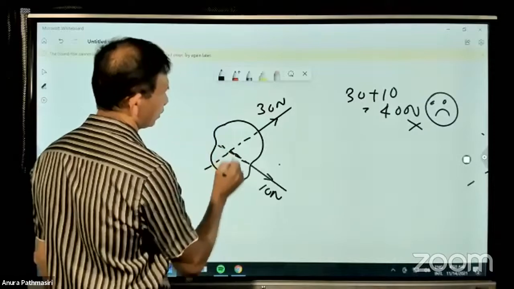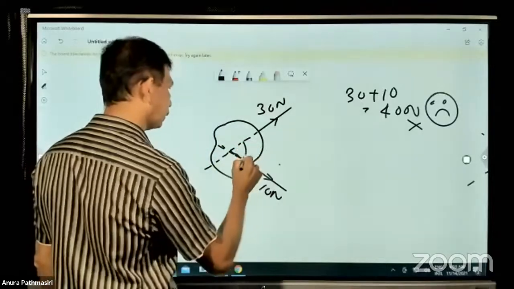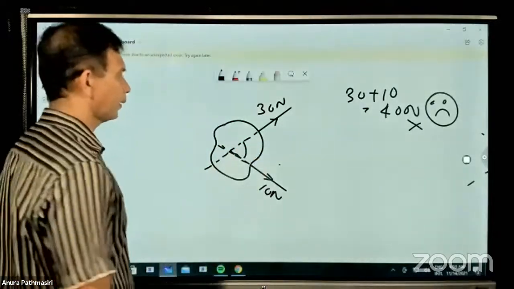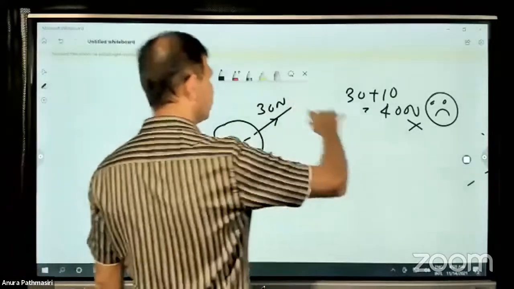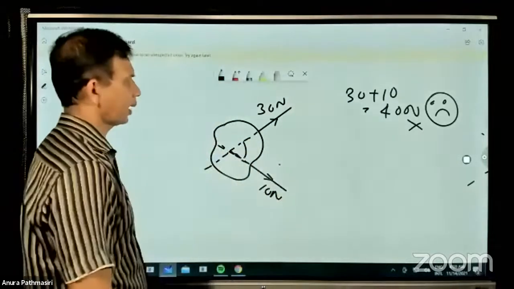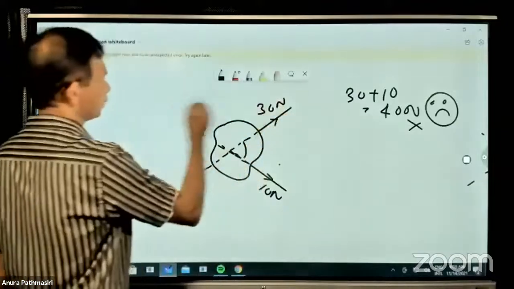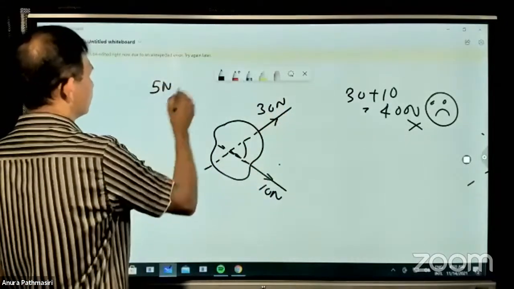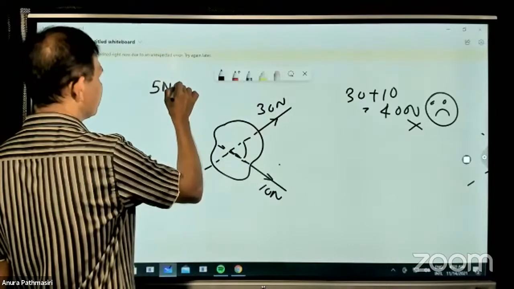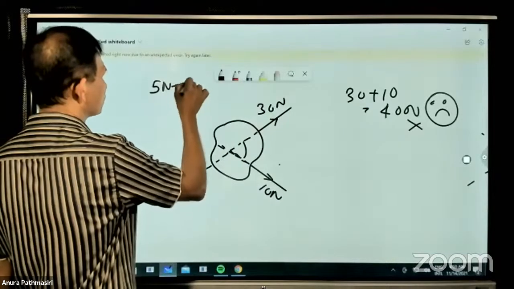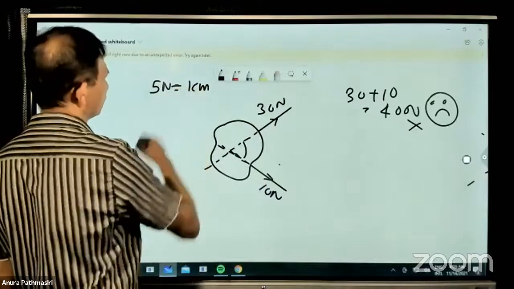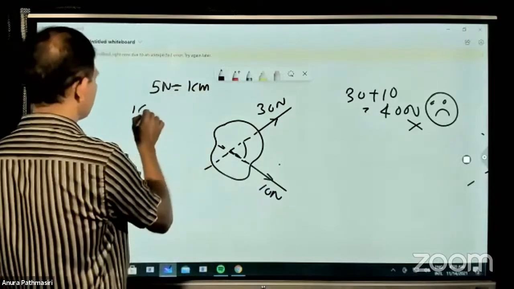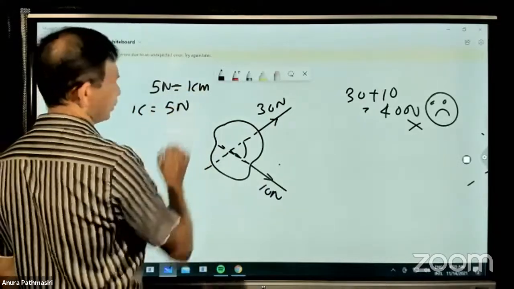So then you can have the angle here and draw the diagram according to the scale. If you say 5 Newton is represented by 1 centimeter, 1 centimeter equals 5 Newton.